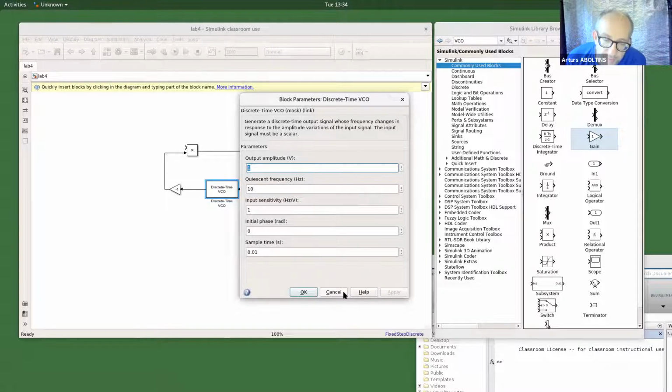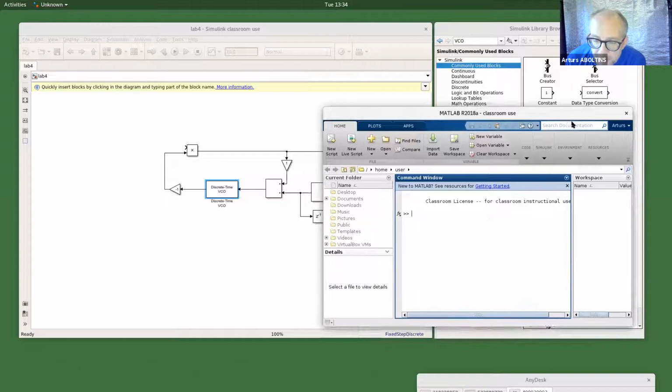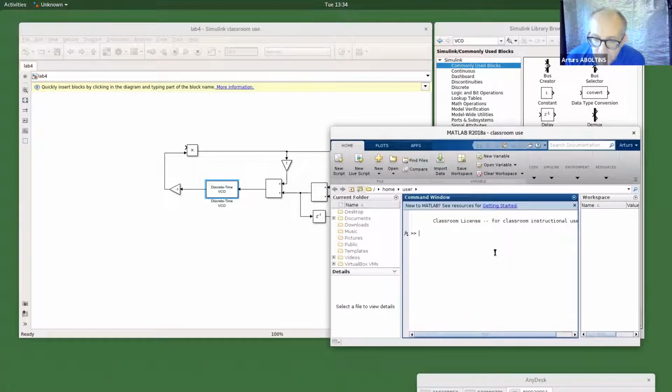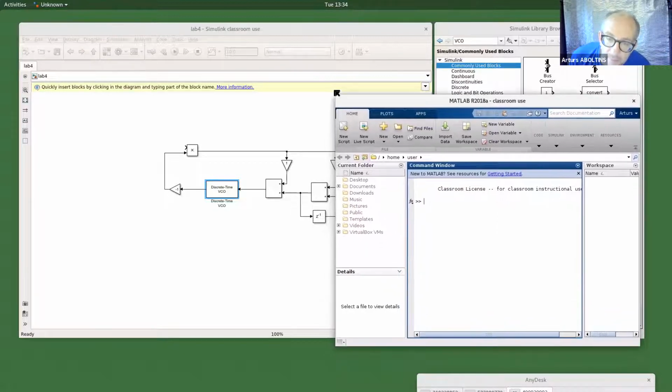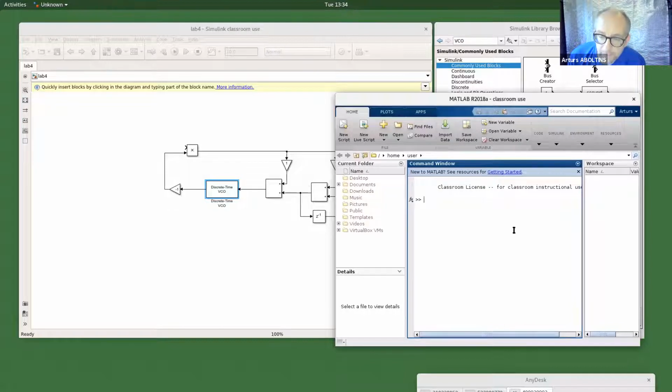So what we could do, we go to MATLAB and define some parameters according to our student ID. First thing we define this T, which must be equal to the last three numbers of our student number, plus 1.